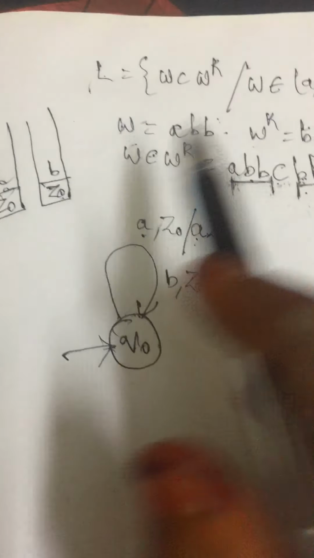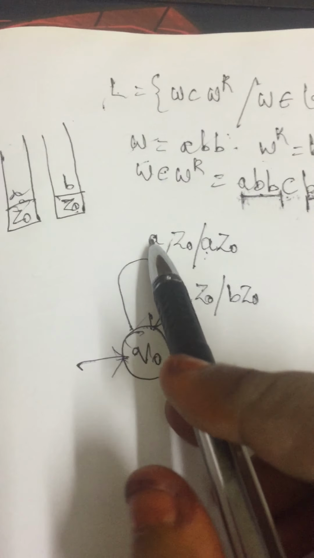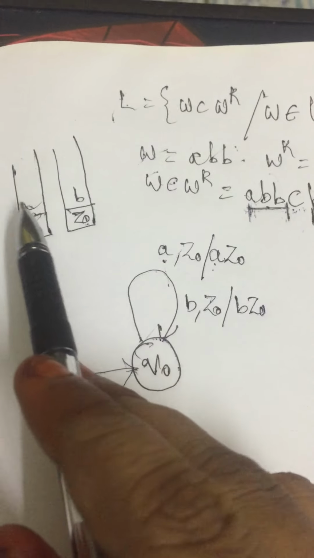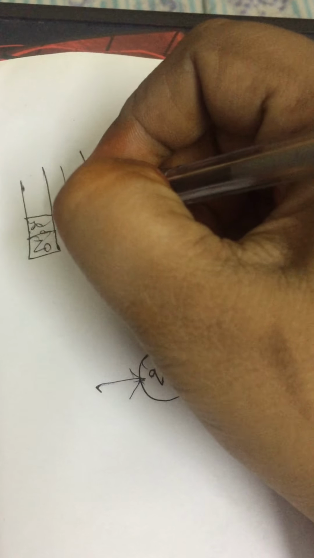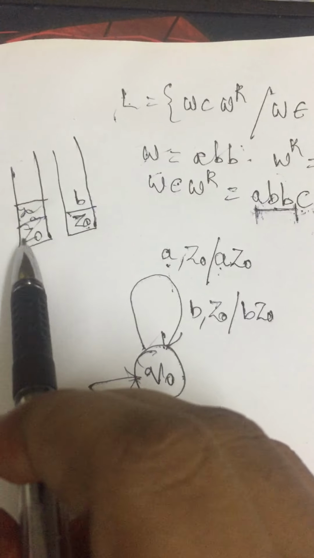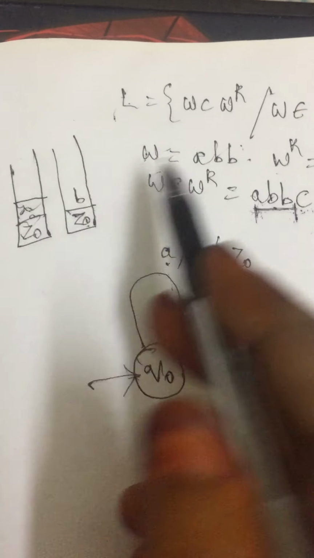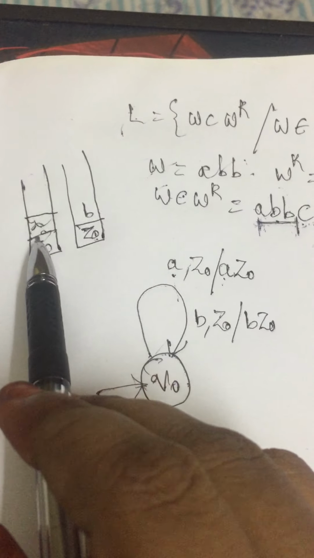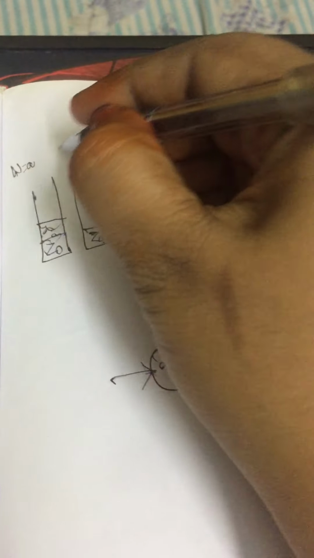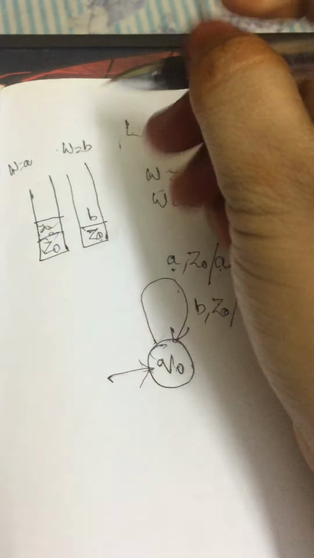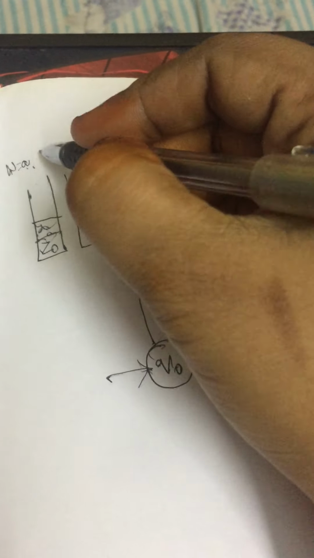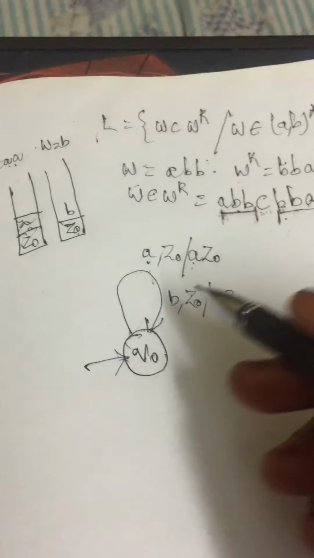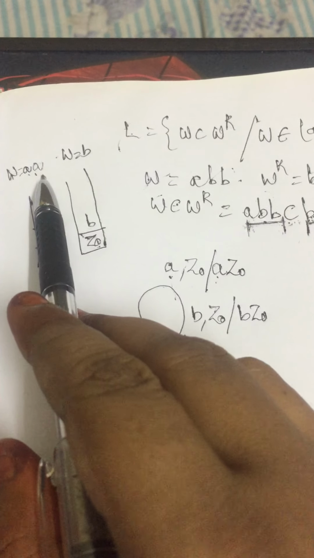Now let us consider the second case for A. Now the second input alphabet in the W part after the first A is A only. That means here my W will be, let us consider, after A, the second input alphabet is also A. For this we are going to write the case here.